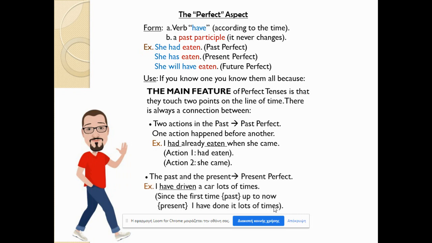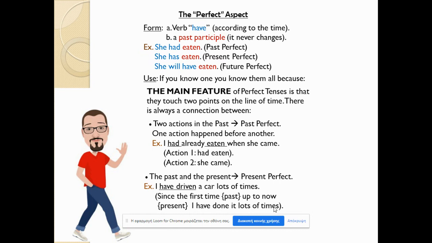They also touch the past and the present, and this happens when it comes to present perfect. So when I say that I've driven a car lots of times, this means that I started driving it somewhere in the past. I don't exactly know when, but up to now that I'm talking to you, I have done it lots of times, so I probably have great experience, right?